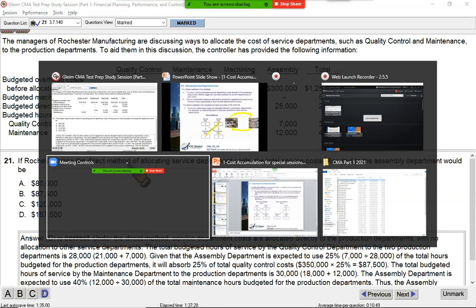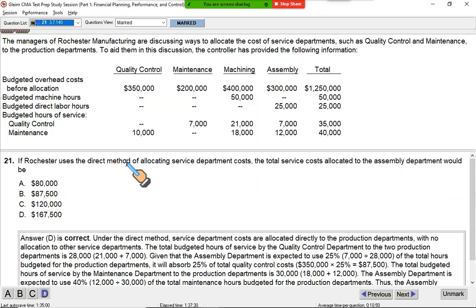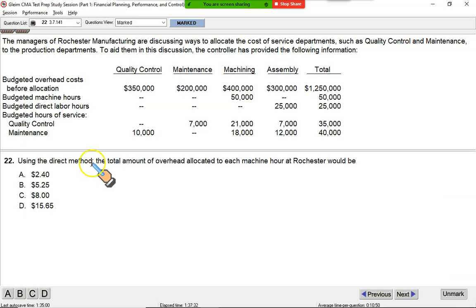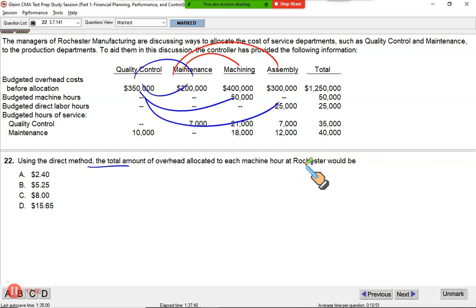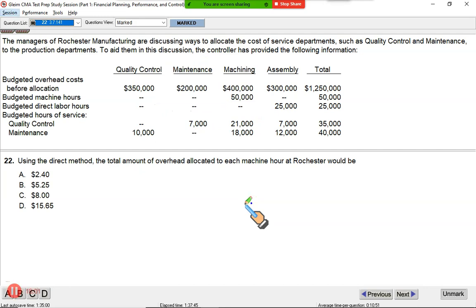I think there is one more question related to a direct method. Then we will go forward. Using the direct method, the total amount of overhead allocated to each machine hour at Rochester. I think we should not have erased the information. If I can do it correct, I still remember that. 350s in blue color, 75% goes to machining, which is 262,500 in blue color.